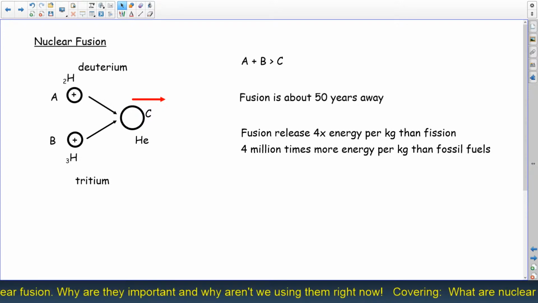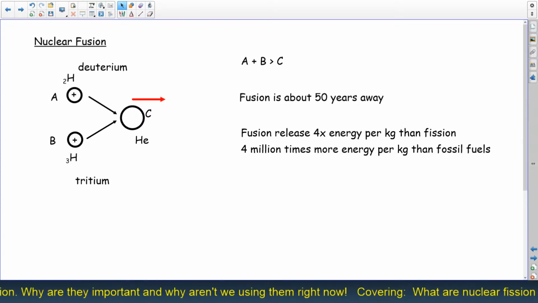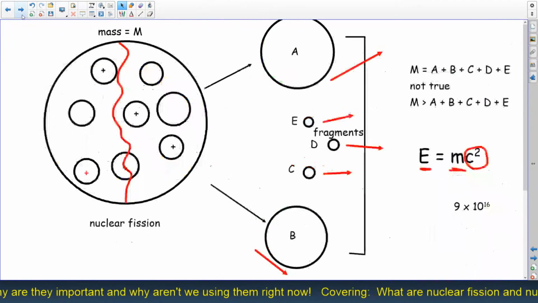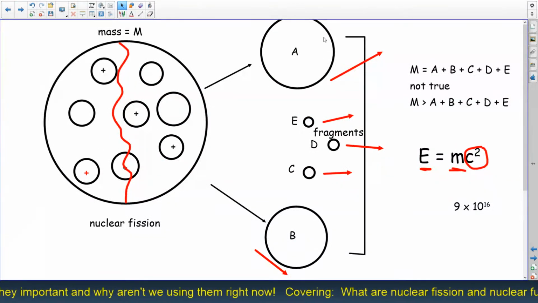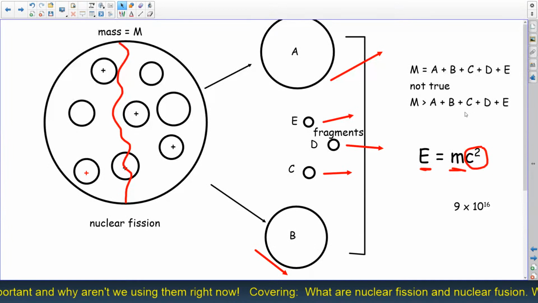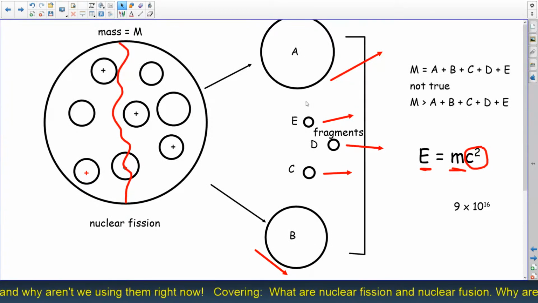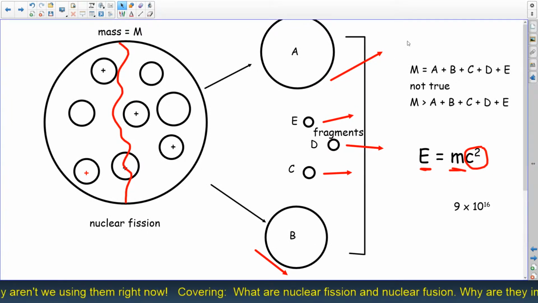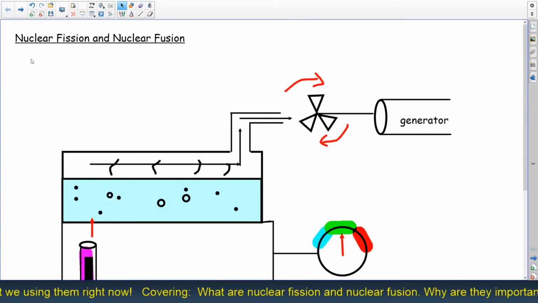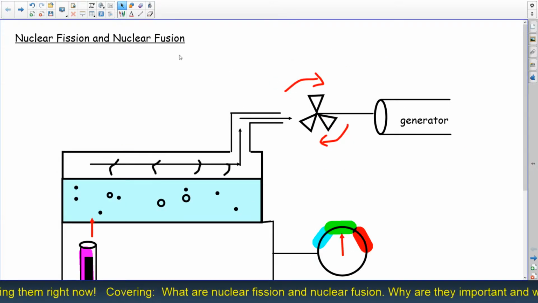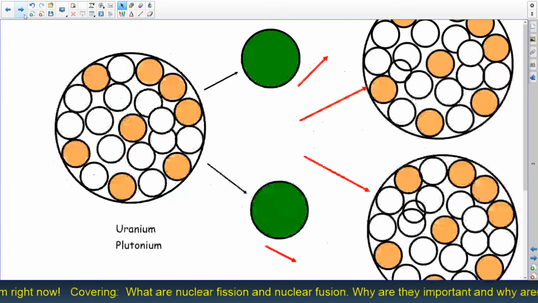So, recap on nuclear fission: you take a large nucleus, you split it, some of the mass goes missing, that mass gets turned into heat energy, and you use that to heat some water, turn a turbine, run a generator, and make electricity.